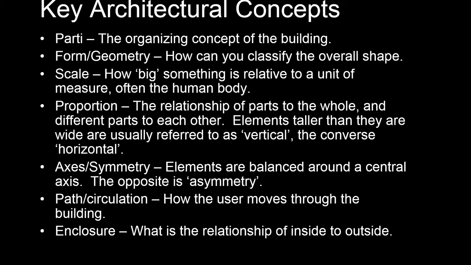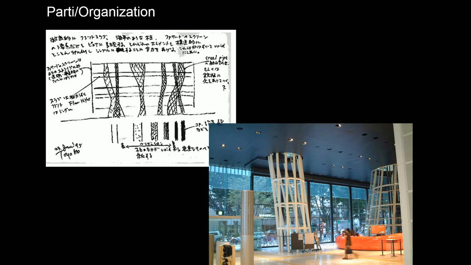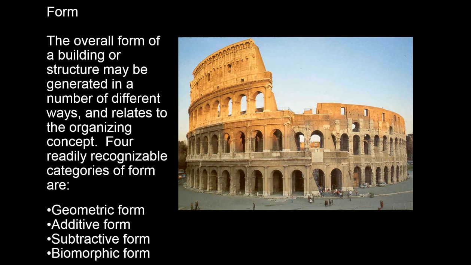So just quickly write down parti, form, geometry, scale, proportion, axes, use an I instead of an E, path, circulation, and enclosure. And just keep those to the side as a reference. So we started with parti, then we went to symmetry. That was the second thing. And now we're on the third item, which is form, right?